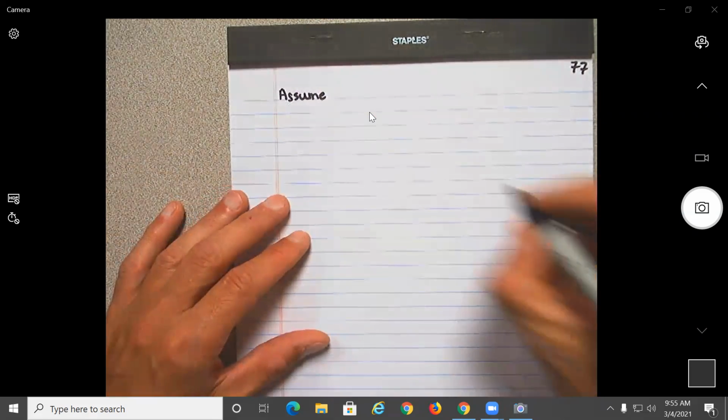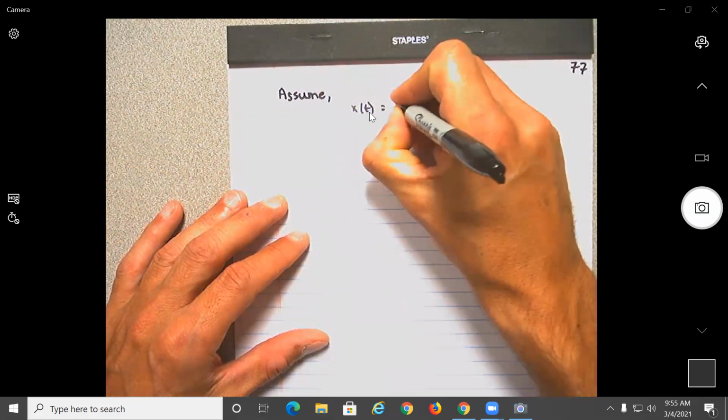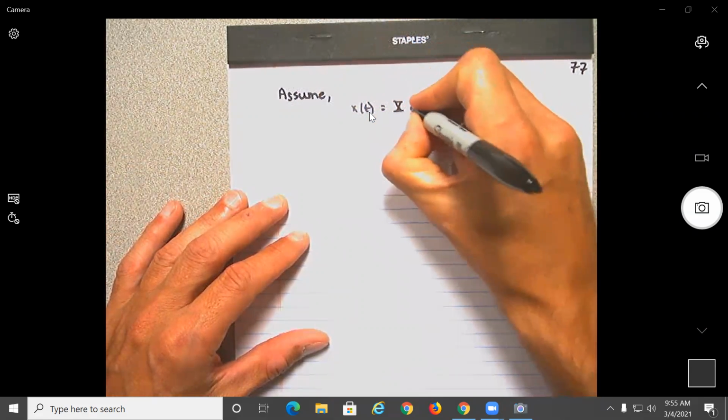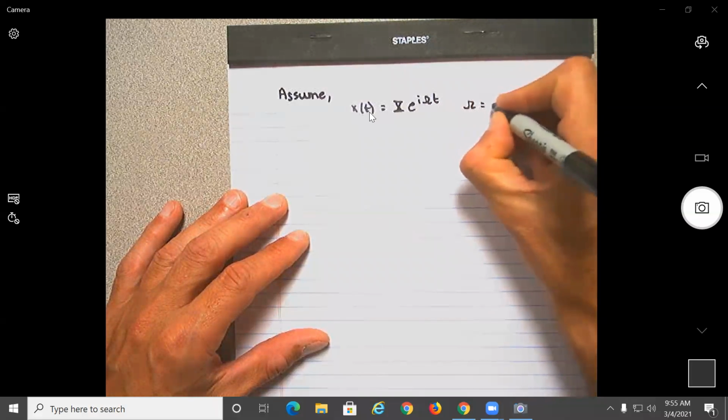All right, so in order to find the solution, we need to assume the solutions. So let's assume x of t will be equal to capital X e^(i omega t), where omega here will be the forcing frequency.